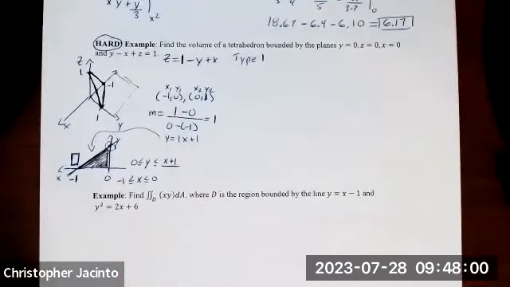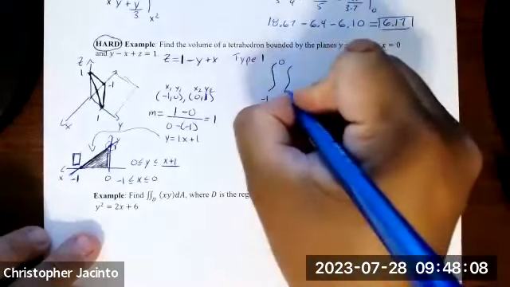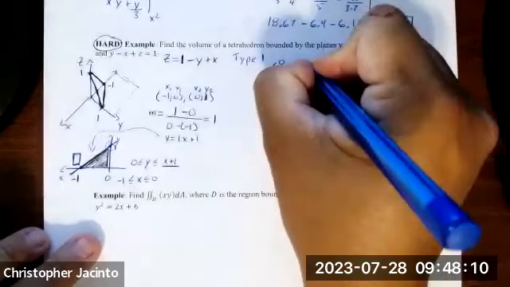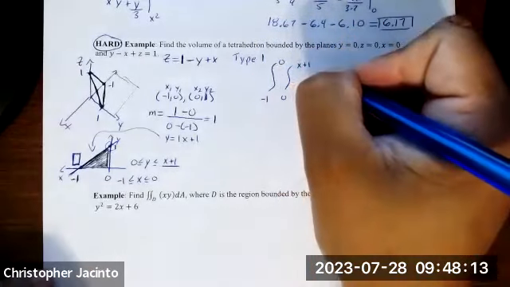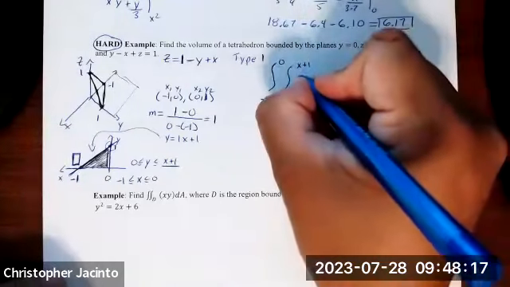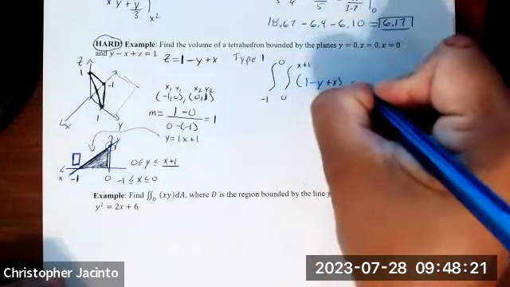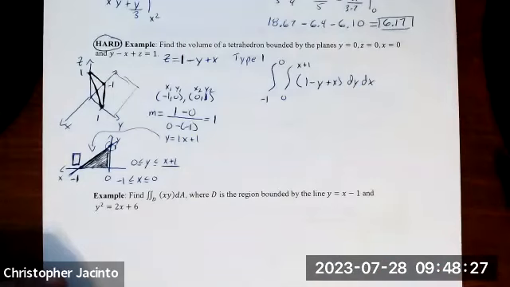We can now actually integrate. So x goes from -1 to 0, and then y goes from 0 to x plus 1, of 1 minus y plus x dy dx. Okay.